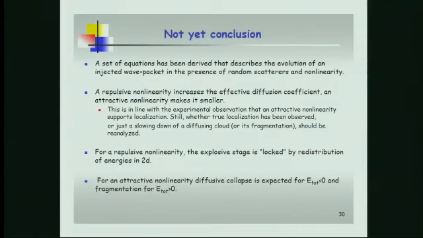Namely, there was a set of equations which was derived assuming that you have some evolution of a wave packet on large distances with random scattering and nonlinearity. And what I told was the analysis of this equation, never mind how it is actually related to the initial problem.